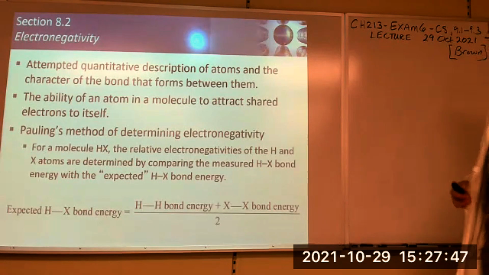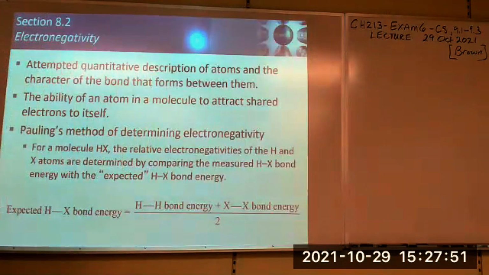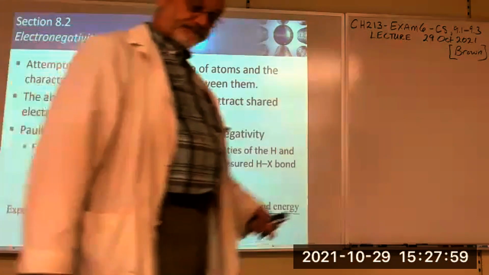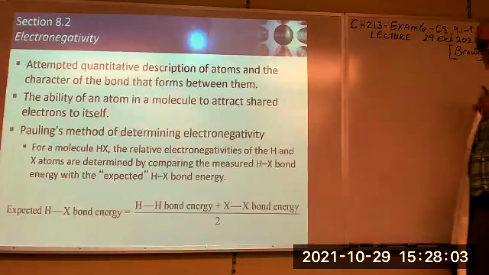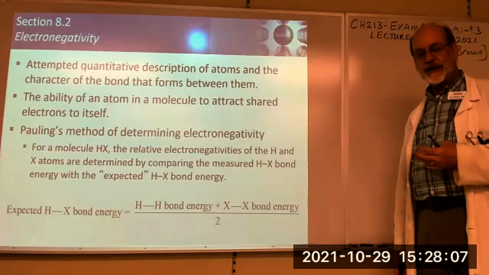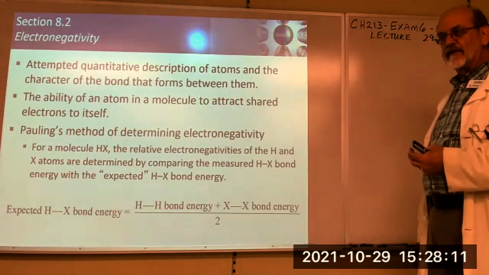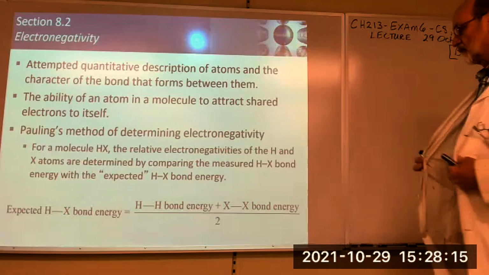This concept of uneven attraction of electrons has a name. It's called electronegativity. The stronger the attraction for electrons in a covalent bond, the more electronegative the atom, and we do comparisons with them.